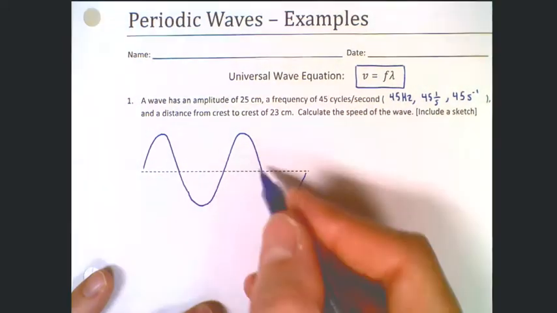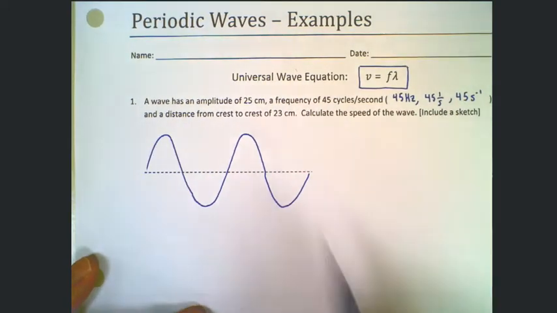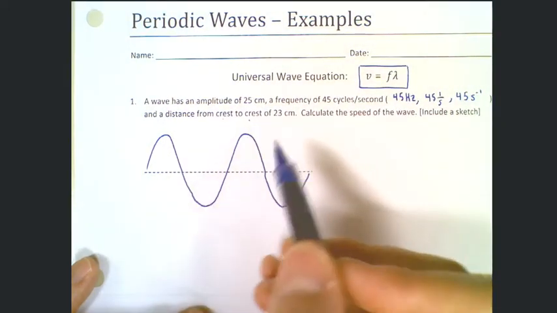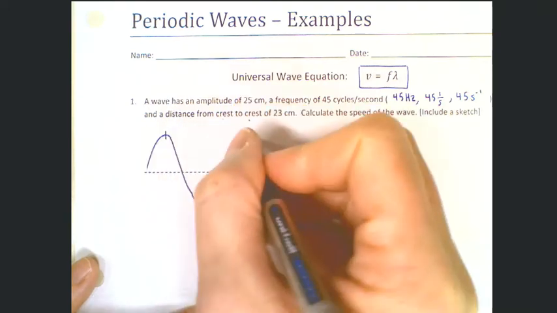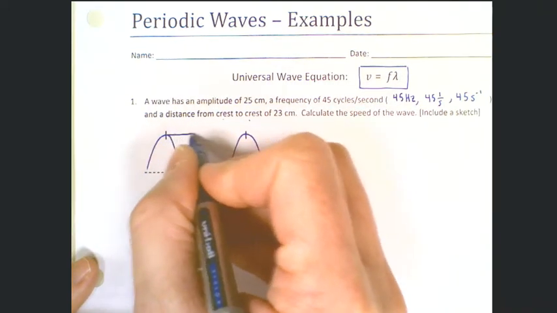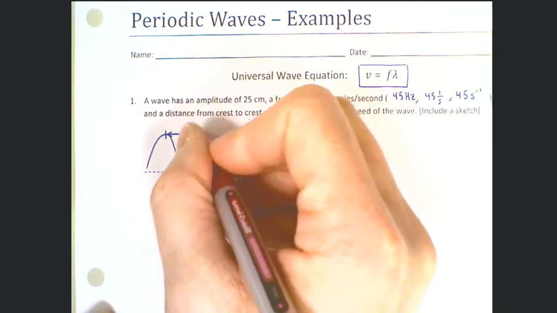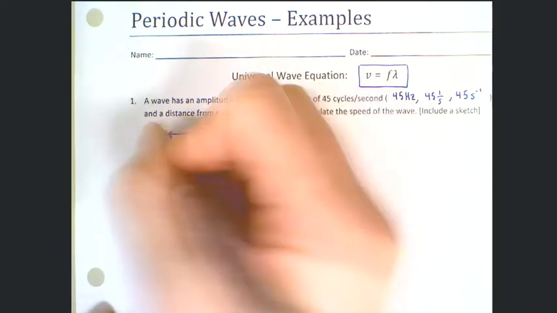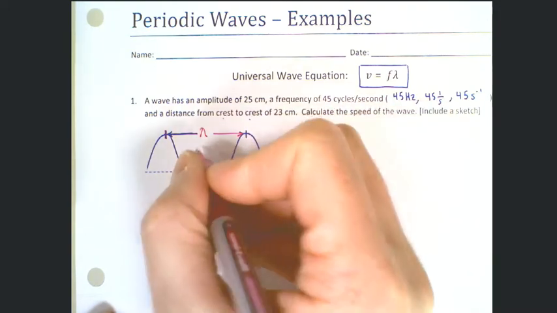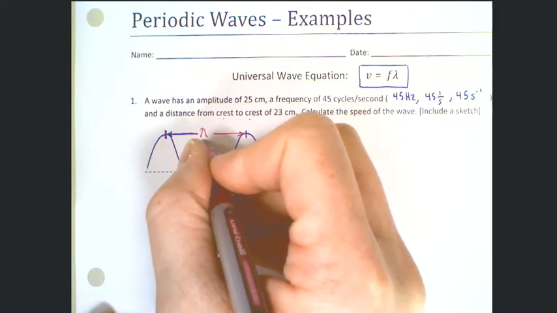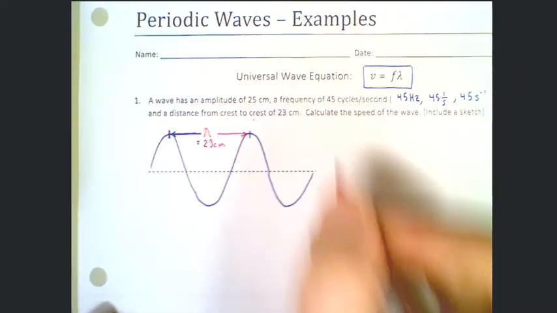So here's a wave here. It's got a little bit of a glitch. That's okay. Now, it says from crest to crest. So that's the same thing as trough to trough, but understanding what the wording is asking is pretty important. So this is the wavelength here, measured from there to there, and it's equal to 23 centimeters.